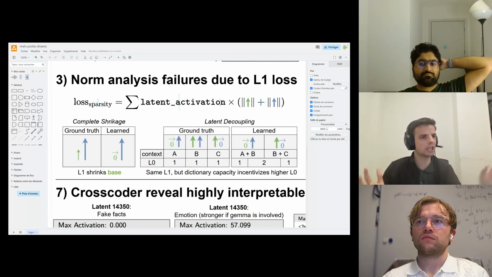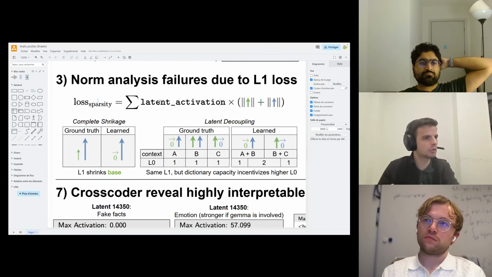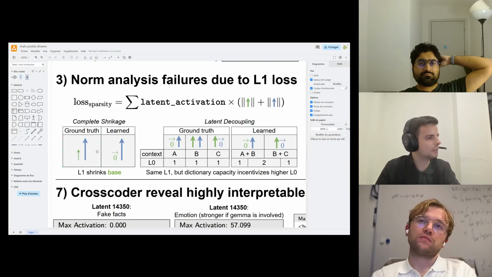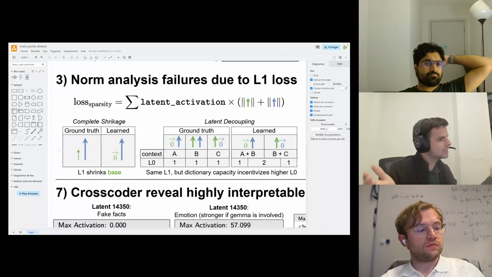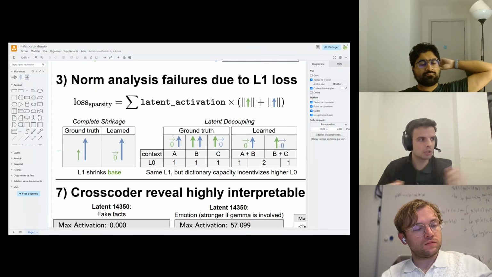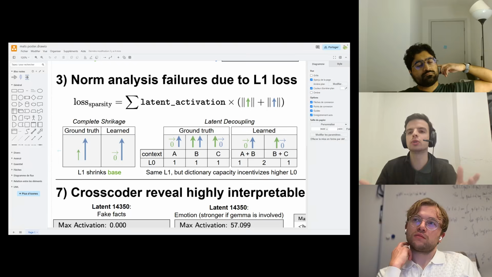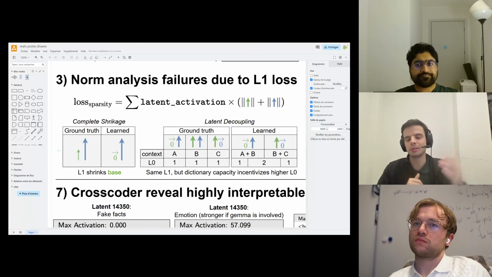And so the first thing that can happen because of this is what we call complete shrinkage. Let's say base is green, chat is blue. Let's say the ground truth is that both base and chat represent the concept, but maybe the concept is a bit less useful for the base model. Maybe it's less present, or maybe just the norm is smaller.